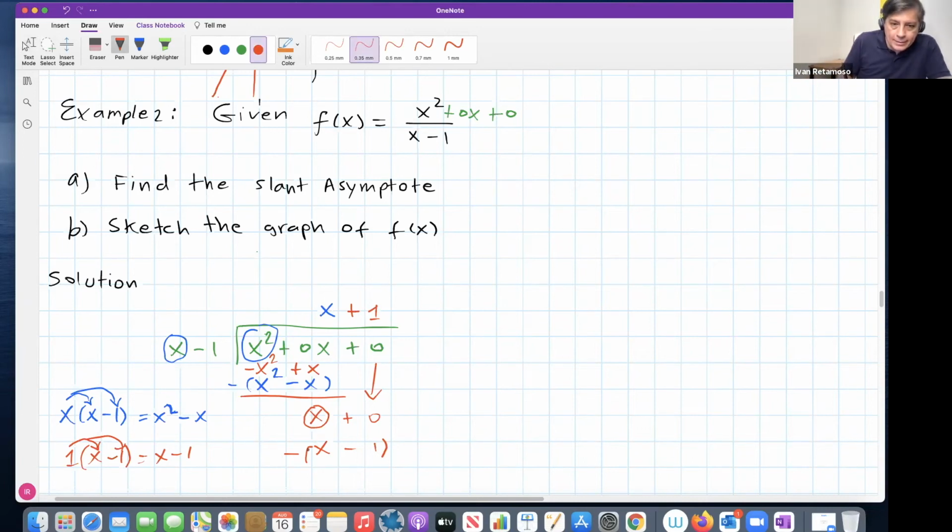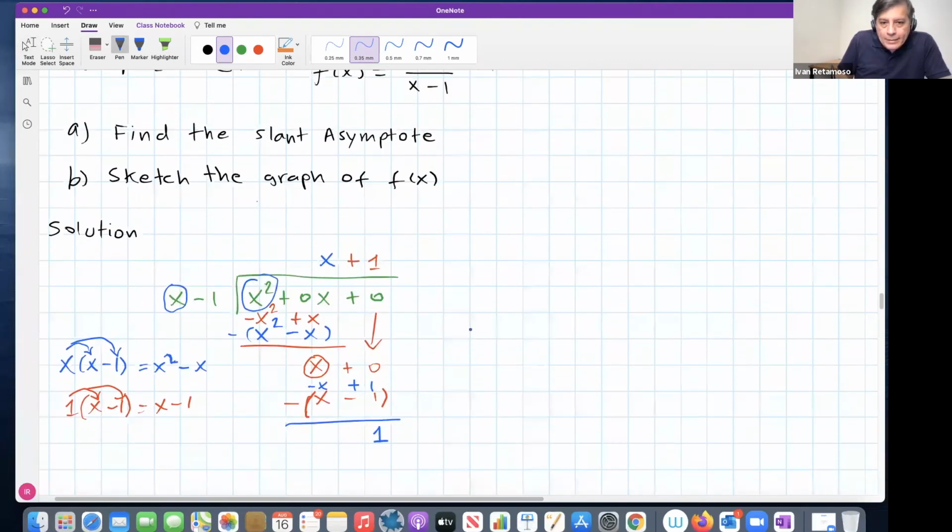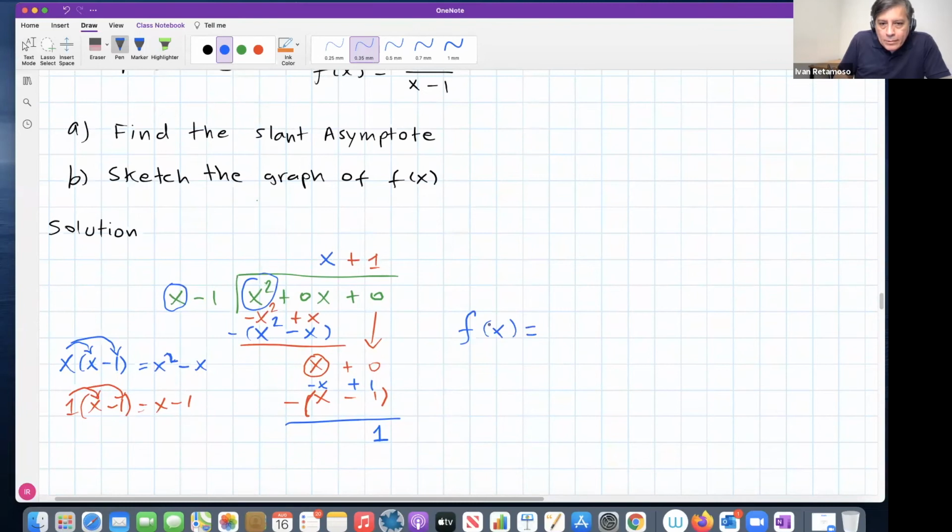Because this becomes minus x minus x, 0 plus 1. So this subtraction gives 1. Now, bottom line, your function is equal to the quotient, which is this x plus 1, which we are interested in, plus a remainder divided by this divisor.